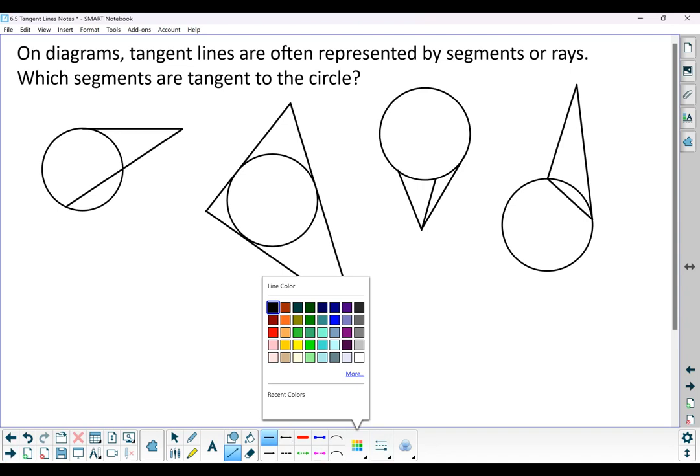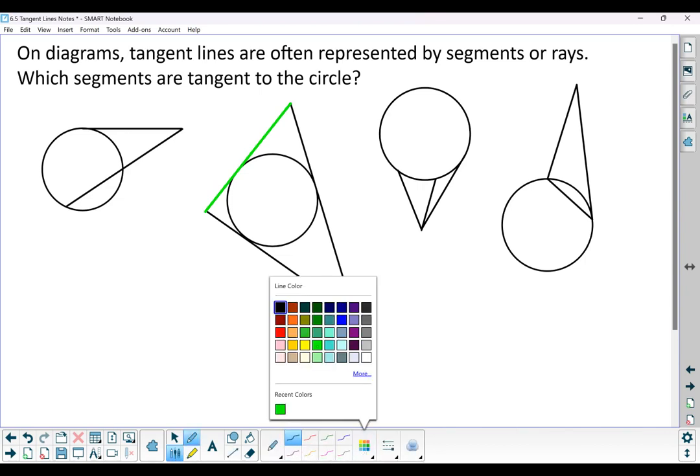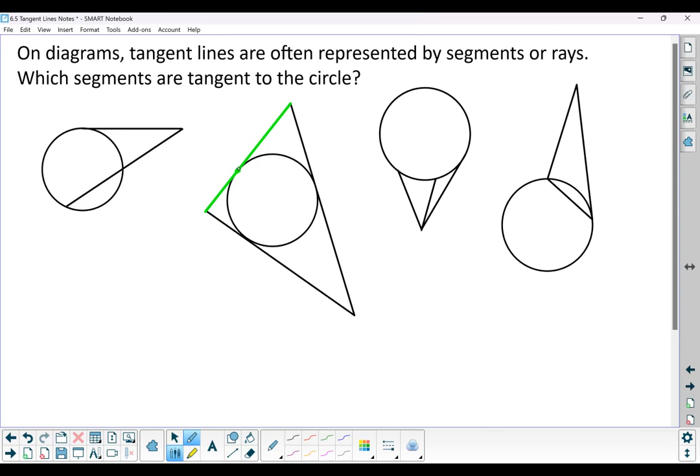And in some cases, it's easy to tell that something is tangent, and in other cases, it's a little bit trickier. So sometimes when we see both of the sides, we can tell straight away that that's a tangent. We can tell it's just touching the circle at just this one point.